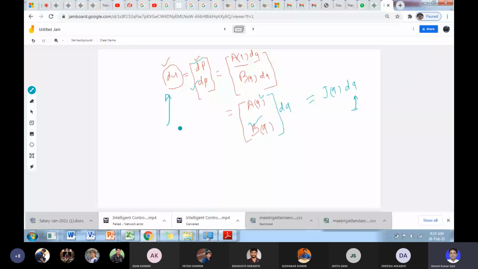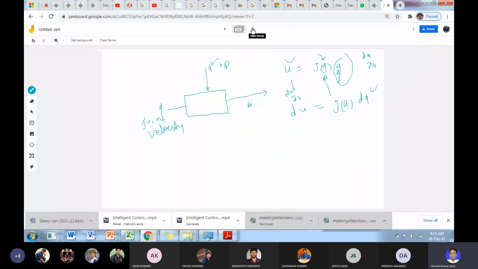So the tool displacement will contain the position as well as angle change. Tool angle and tool position both will change. A(q) defines the Jacobian for position change, and B defines the Jacobian for angular position change. Completely, the complete manipulator Jacobian will be determined by this equation.